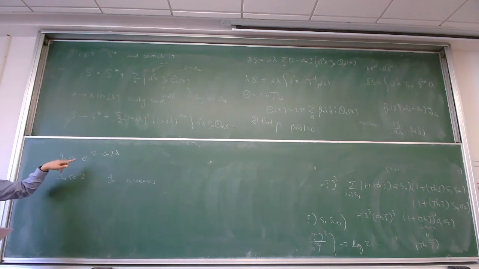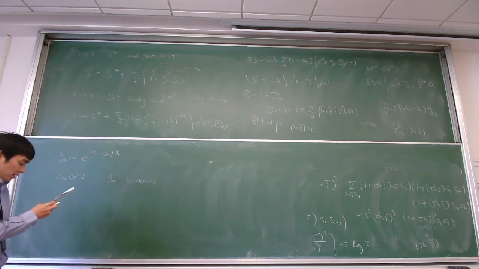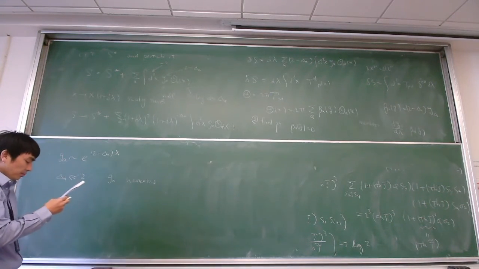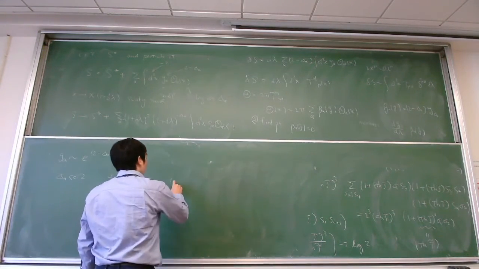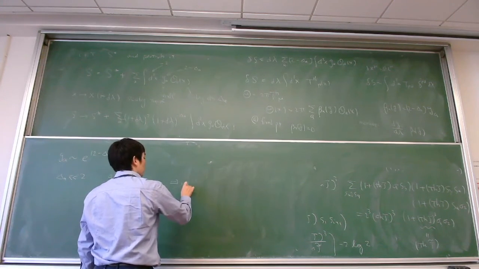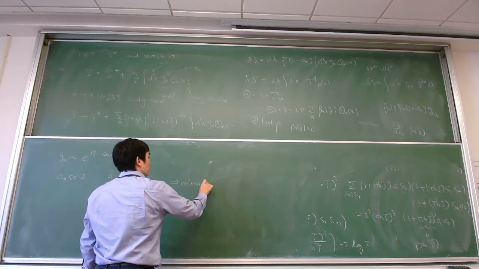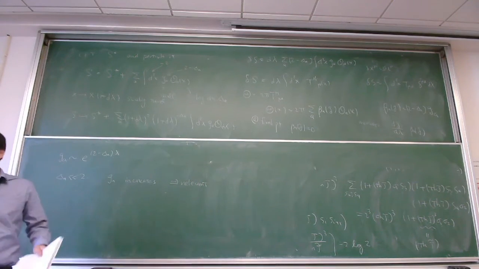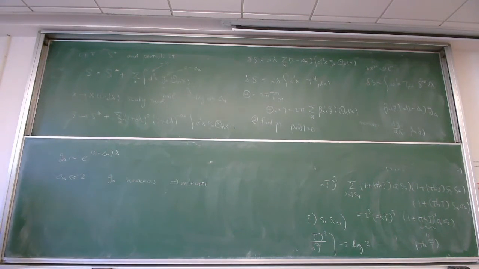So you can easily see. On the other hand, therefore it's called a relevant coupling constant. Relevant means that it becomes relevant in the infrared. If you increase the scale, the coupling constant becomes bigger, so it becomes relevant in IR.